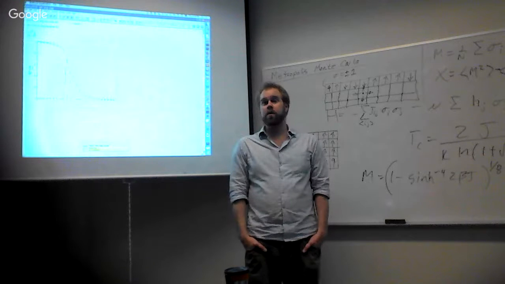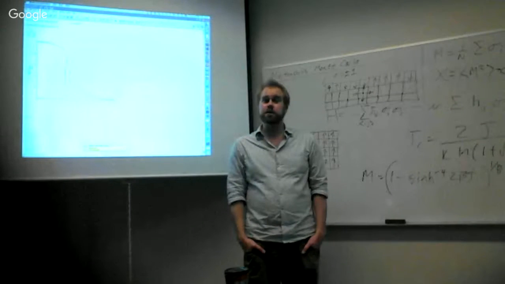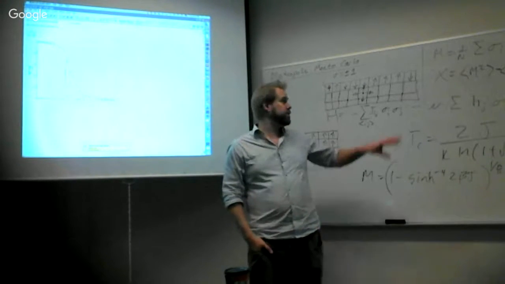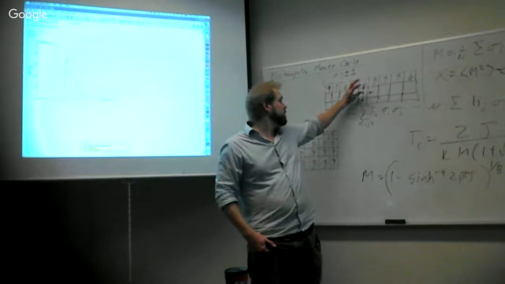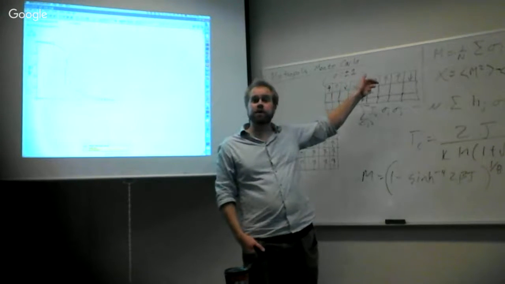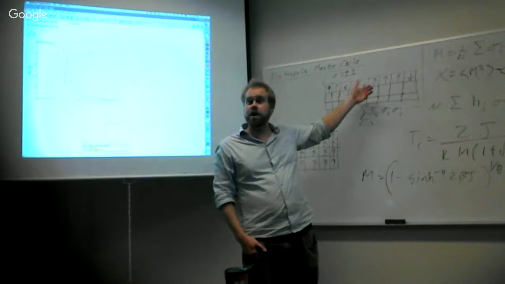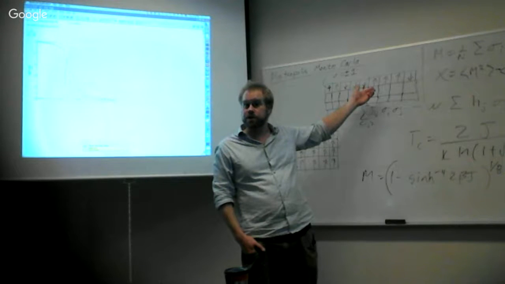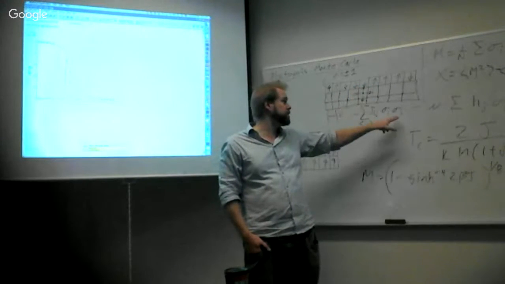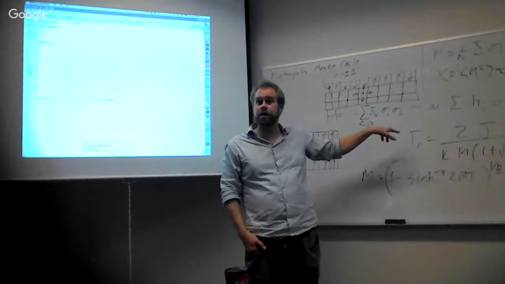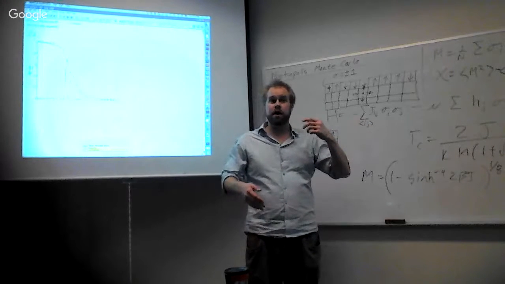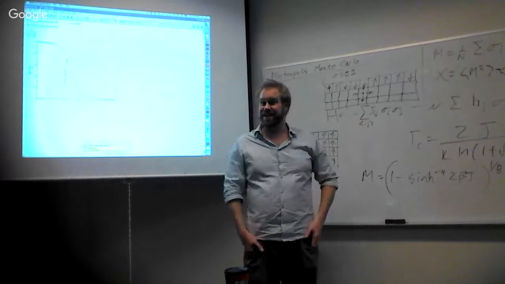Well, you can. What you have to do is start looking at Kramers escape processes and stuff like that, right? If this spin flipping is really going against the grain here, then it's an escape process. And what's the time associated with that? It's not just the exponential of the energy difference. It actually depends on the temperature rates.